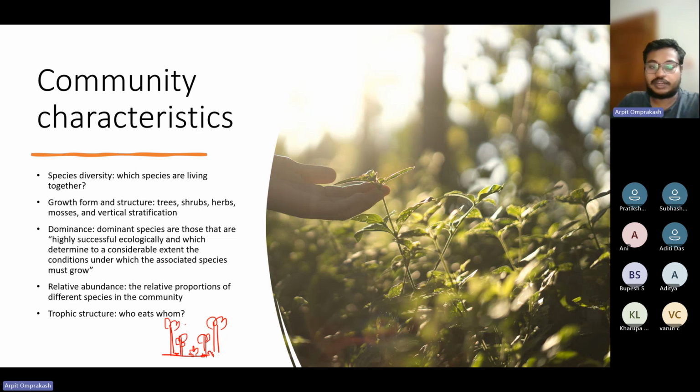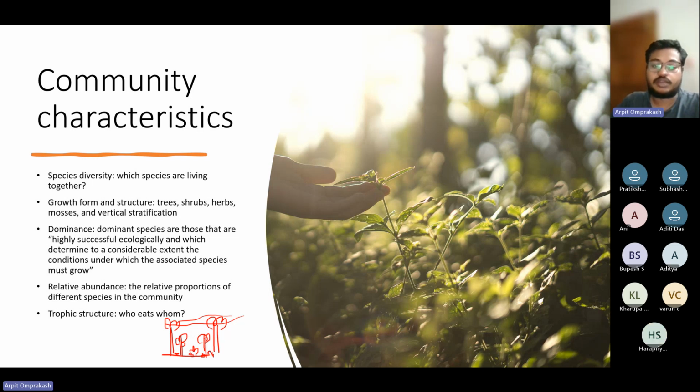These tall trees generally occupy most of the canopy. The plants present in the understory are more shade tolerant and come up to a certain height only. And then we have the lower level, which has mostly herbs, shrubs, and mosses. So this structure may differ from one community to another. Some communities might have an understory, some might not.